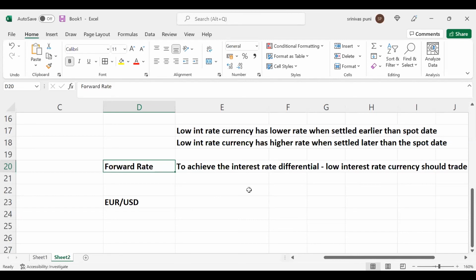As of today, if I buy dollars at, let's say, 79.20 for end of July for my requirement, and on that day the rupee rate turns out to be 78, obviously I have lost money, because as of today the market was quoting 79.20 as a forward rate, not as an expectation of what the dollar rupee rate will be that day.